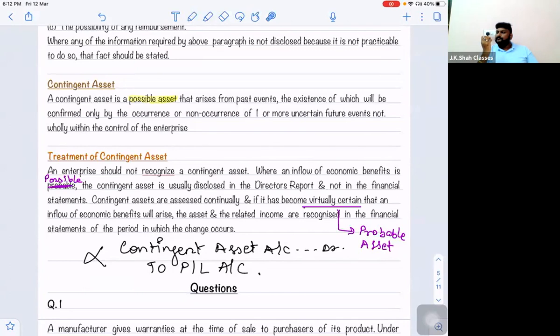Just in case we record the contingent asset and later it turns out to be a loss for us, is there a treatment to reverse it? Yes, you have to reverse whatever you have done. You have recorded the asset as a contingent asset to P&L, right? Reverse the entry. Okay, thank you, sir.